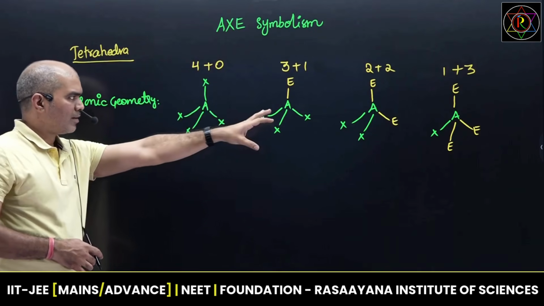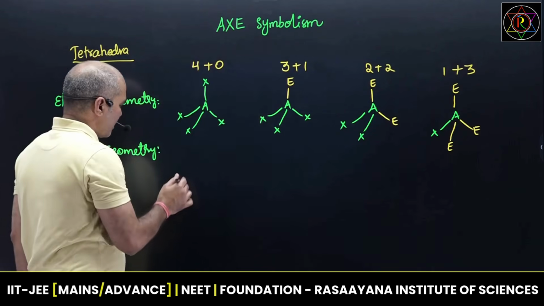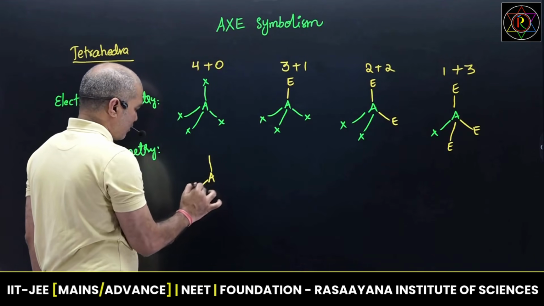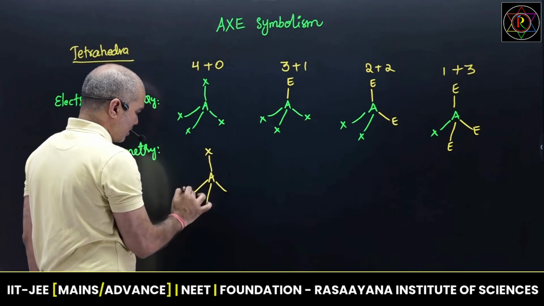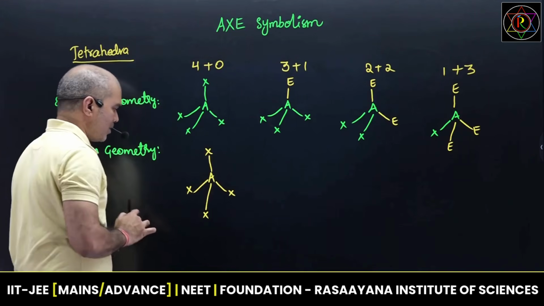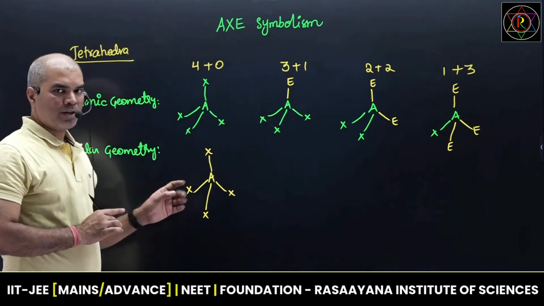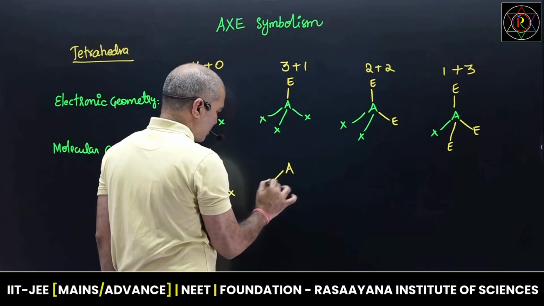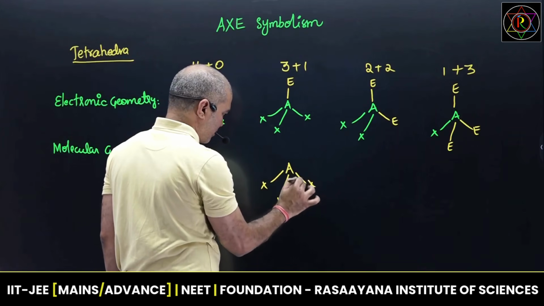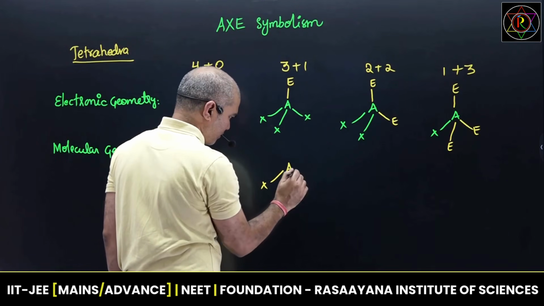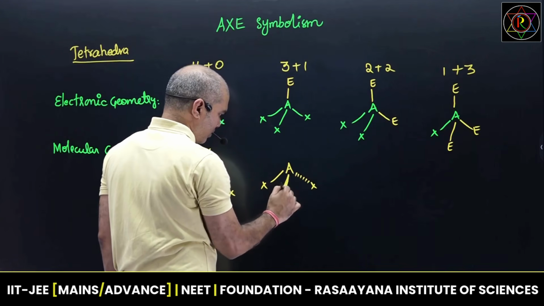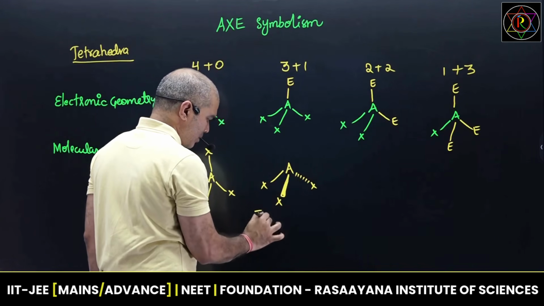Bond angles will vary. If I consider the same for the molecular geometry or the shape of a molecule, for the first case there are no lone pairs, so indicate all the bond pairs. Remember, in the molecular geometry you are going to indicate only bond pairs, no lone pairs. In the second case, no lone pair indicated, so this becomes trigonal pyramidal.